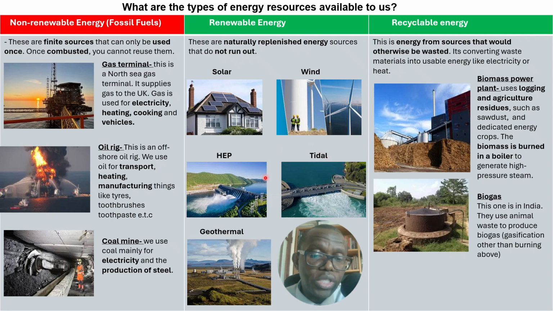And then moving on to tidal power, which is this picture here, it works in a similar way to hydroelectric power. Because you get tides in coastal areas once or twice a day, the tide comes in and then the tide goes out.